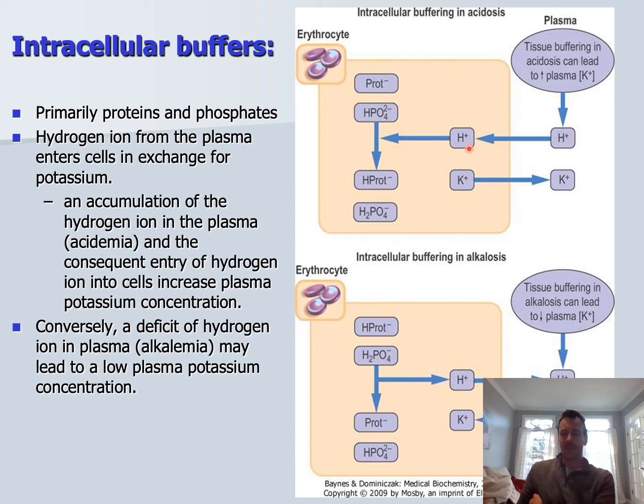This leads to hydrogen ions moving in and potassium moving out, so you have higher potassium levels in your plasma. On the flip side, you can have alkalosis, where you have a deficit of hydrogen ion in the plasma, so your pH is higher, and this can lead to low plasma potassium concentrations because you're moving hydrogen out from the cell and potassium in.